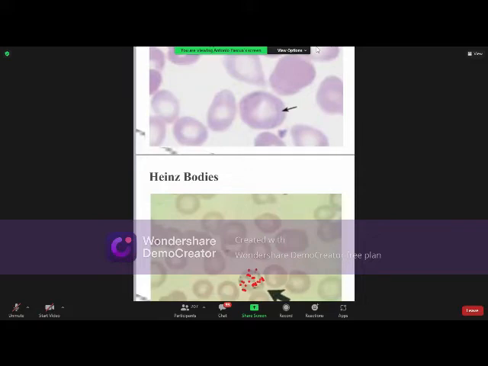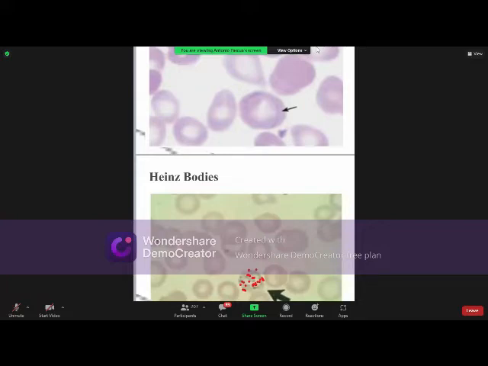And in the laboratory, how do you identify Heinz bodies? The use of supravital staining. So you can have Heinz bodies in different conditions like G6PD deficiency, unstable forms of hemoglobin, sulfhemoglobinemia, thalassemia. So to further detect that, you just need to perform supravital staining.